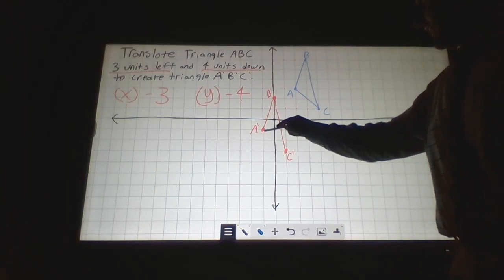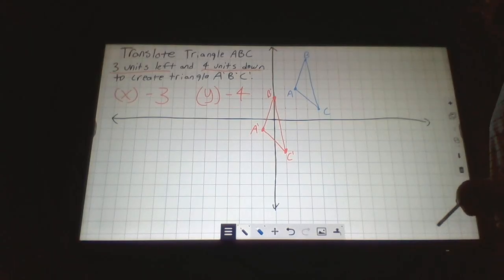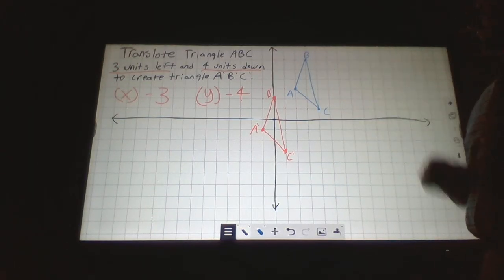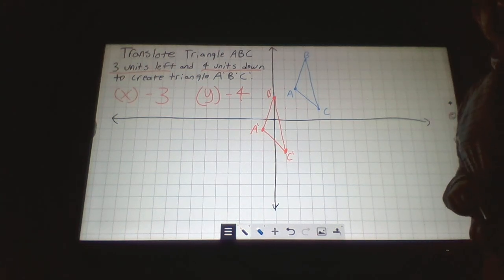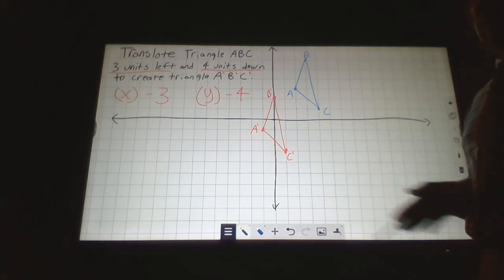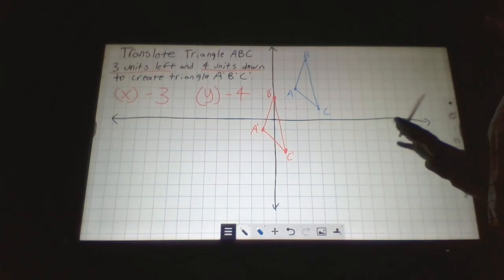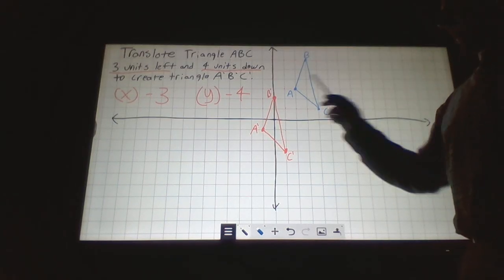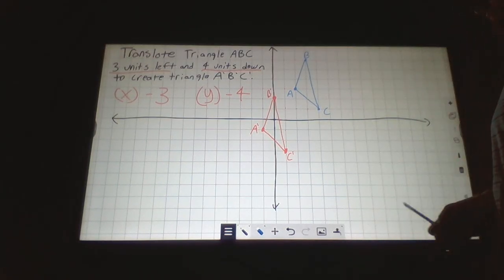And of course, the easy way to tell if you are doing things the correct way is to take a look at the original shape, compare it to the new shape, and make sure that they look exactly the same. The direction's going to be the same, everything's going to be the same, except it's going to be a copy in a new location.